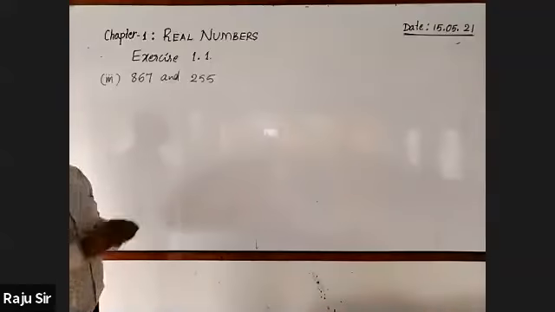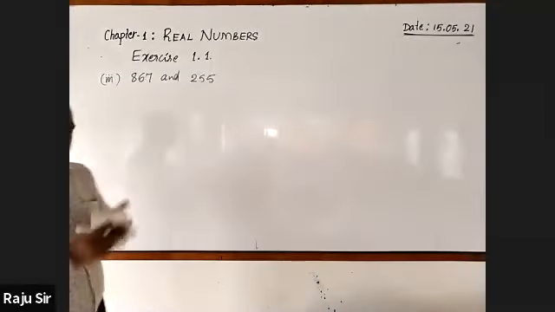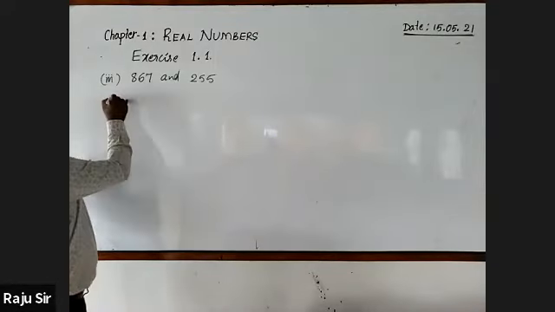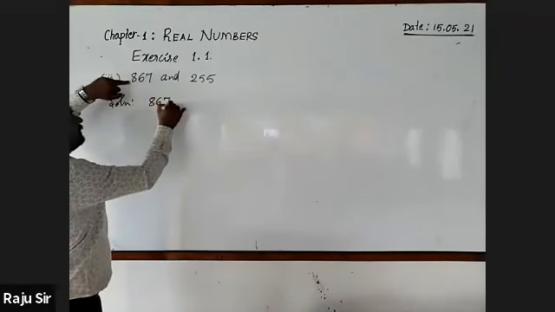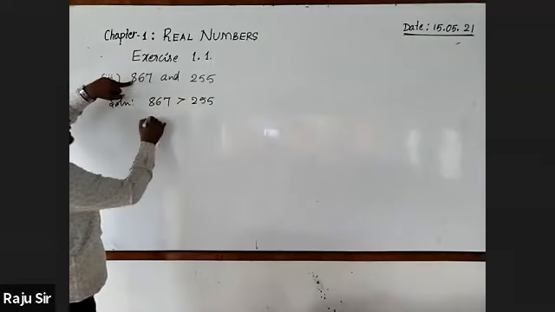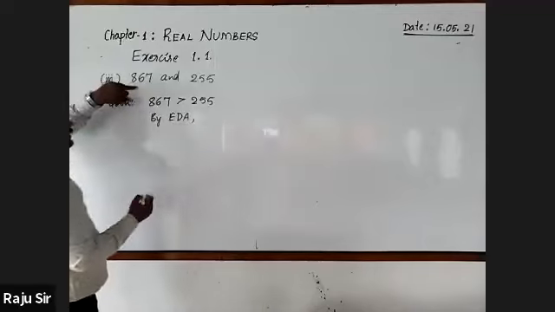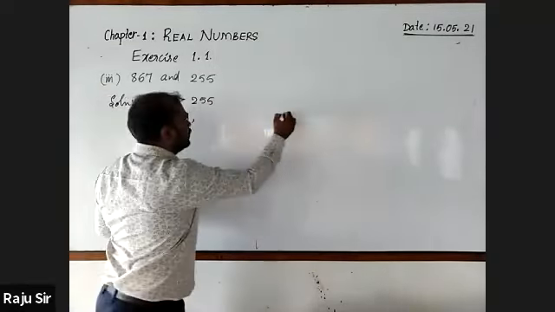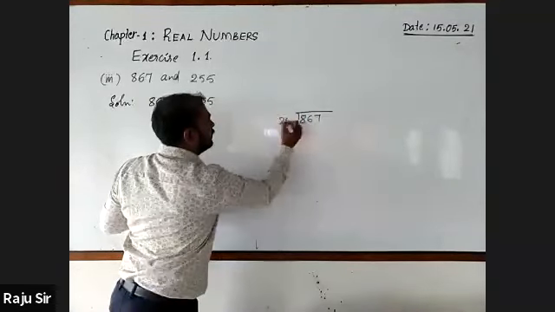If it is over, then just observe my writing. 867 is greater than 255. Next, by using Euclid's division algorithm, 867 can be written directly, or just go for dividing 867 by 255.